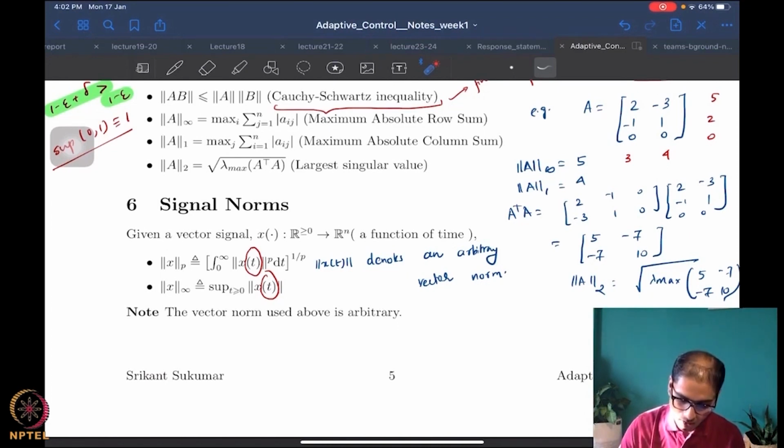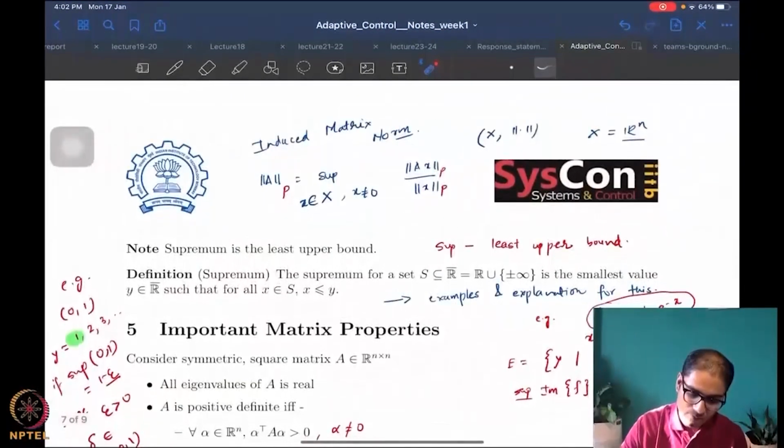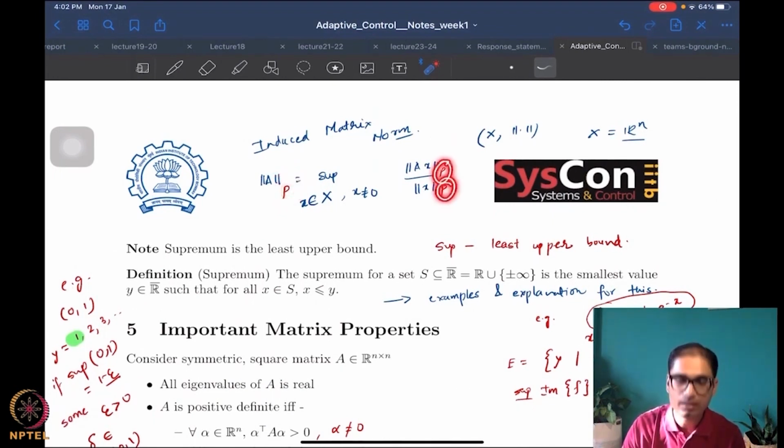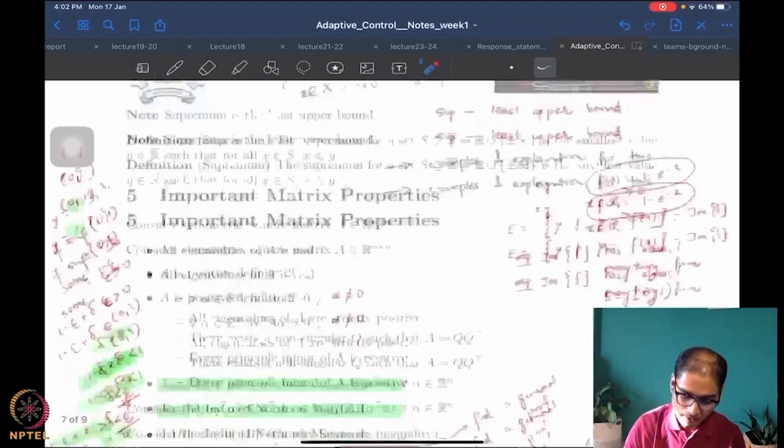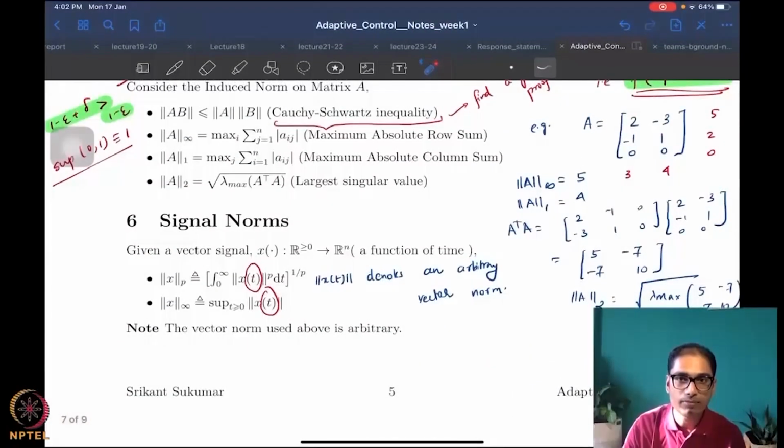Okay. Now, the important thing to notice is that the vector norm here is arbitrary. Yeah, if you remember, for the matrix norm, I had mentioned very clearly that if you want the p-induced matrix norm, you take the p vector norm here on the right hand side. But now there is no such thing. All right, that is, this p is coming from this p and this p.